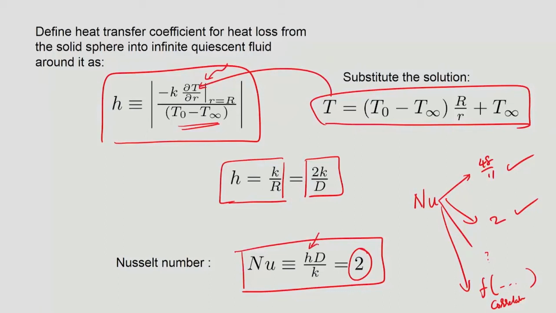Now, straight away from here we have some conclusions that can be drawn. What does it mean when we say a sphere will have a Nusselt number equal to 2? It means that the heat transfer coefficient is given by 2 into k of the fluid around divided by d of the sphere, which means if the sphere is in micrometer size, then the heat transfer coefficient is going to be very, very large.